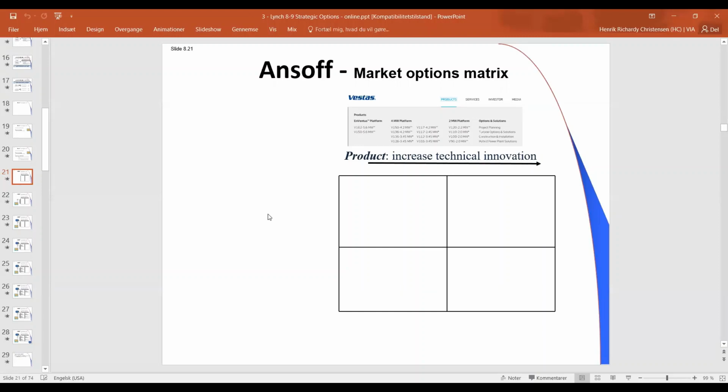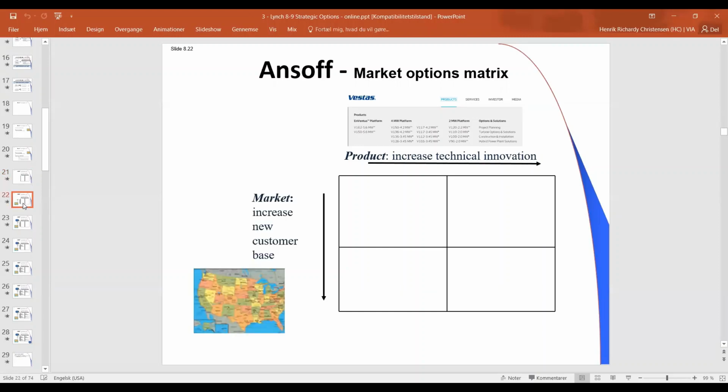And then down here, he will add our market, and up here we have existing markets, and then we would go down here indicating that we are entering new markets in this area here. So existing market, existing product leaves us with this area where we are operating right now.